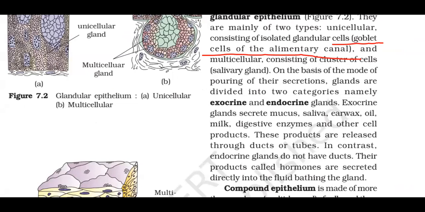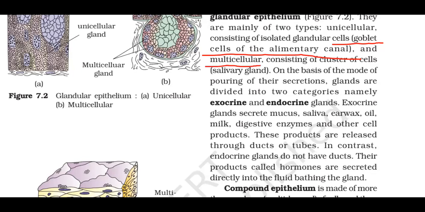So I'm talking about glandular epithelium. These glandular epithelia are specialized cuboidal and columnar epithelium. They are specialized for what? To secrete some substances. The best example of unicellular glandular cells is goblet cells. Where are goblet cells located? In our alimentary canal. Very good. The other type is multicellular.